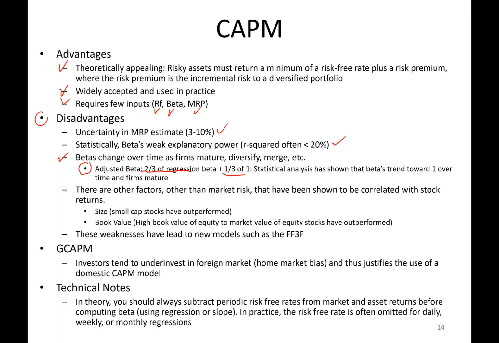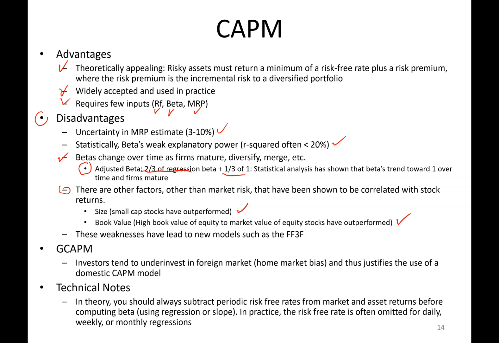Also, another disadvantage of CAPM is that it says the only risk factor that matters for stocks is beta, its sensitivity to the overall market. However, there have been persistent characteristics that have led to overperformance of stocks. For example, small cap stocks have tended to outperform large cap stocks over the long run, and stocks with high book value of equity over market value of equity have tended to outperform the others.